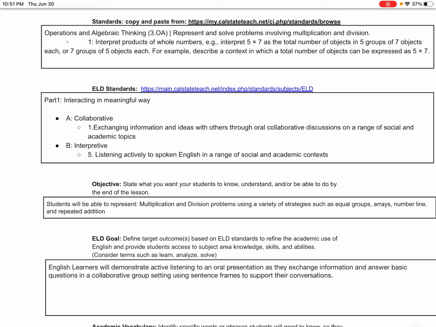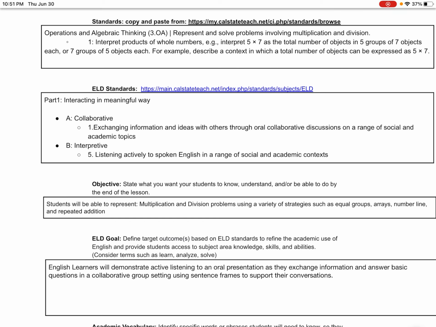So when it comes to ELD standards, you have to be very specific. You have to understand what goes along with your standard, because that's where a lot of students struggle with writing their ELD standards. Some of them don't write it properly. If you write it incorrectly, you also get points deducted by that.